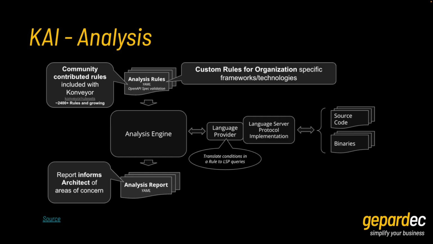And then this logic is converted into LSP queries, which then finally gets used to analyze the source code and code base. And finally, after each rule has been checked, and if there was a match, for each match you get an incident inside an analysis report.